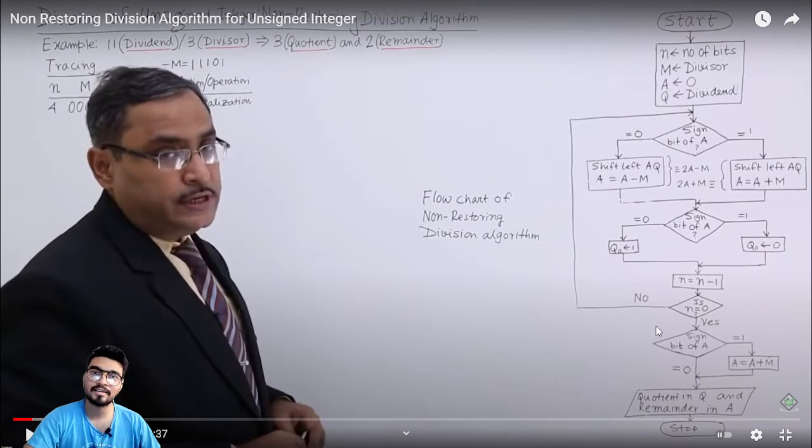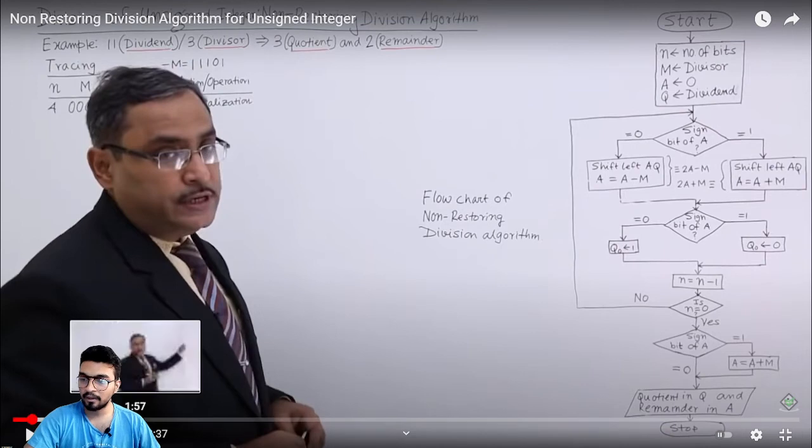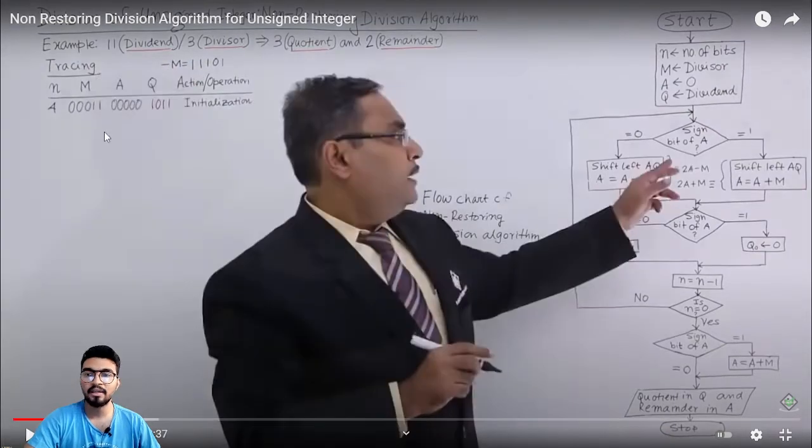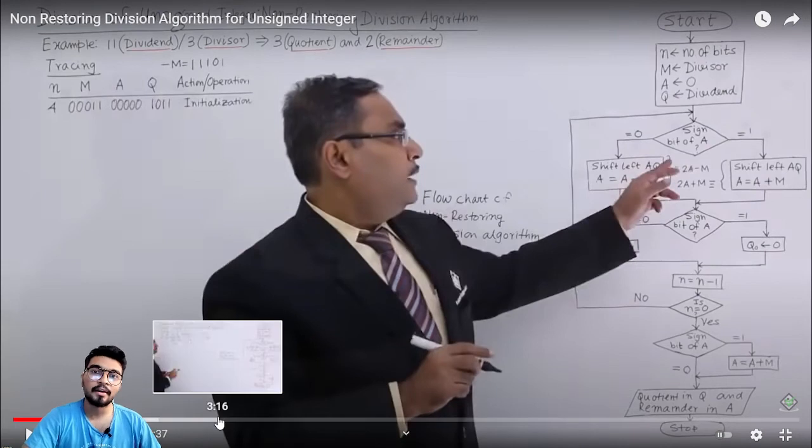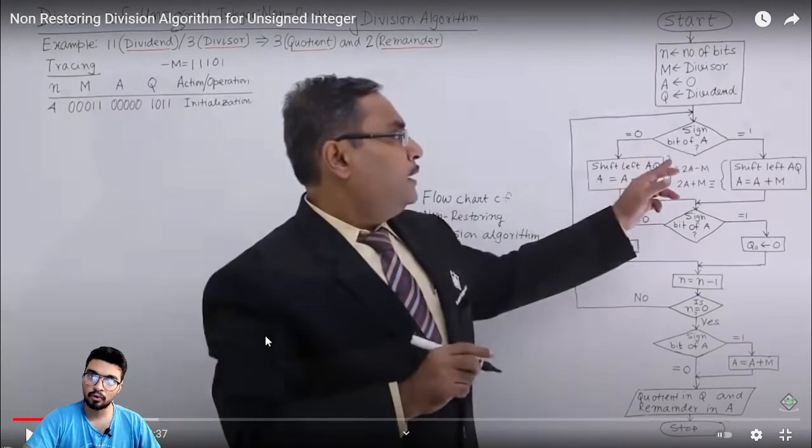What sir has done is the flowchart implementation and the explanation in terms of bits, so if you calculate manually, what should be the answer. And what I have done is the actual implementation in Verilog code and then generating the RTL schematic out of it. So you can first look into this video, and then we can go for the Verilog code. So let's go for the Verilog code now.